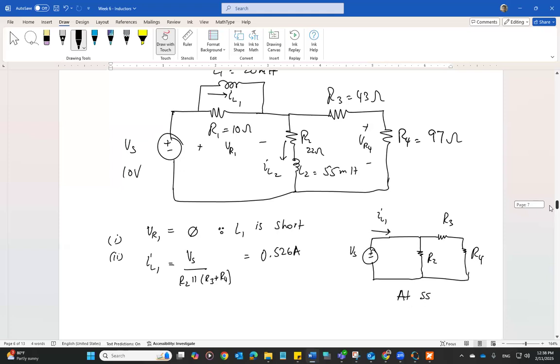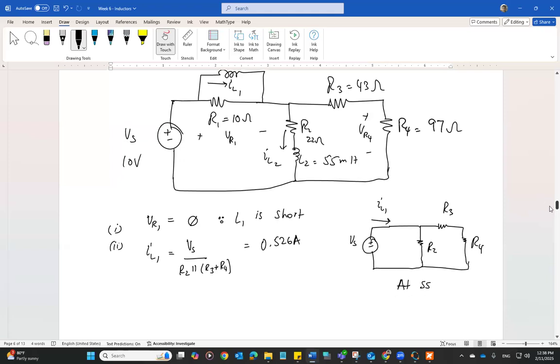Next we have to find IL2. IL2 is the current passing through R2. We know the total current, and we can apply current division between R2 and R3 plus R4 to figure out what IL2 is. IL1 is our total current, and that is divided between R2 and R3 plus R4.